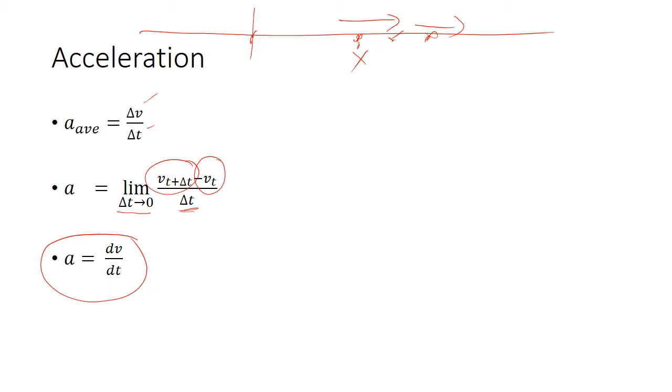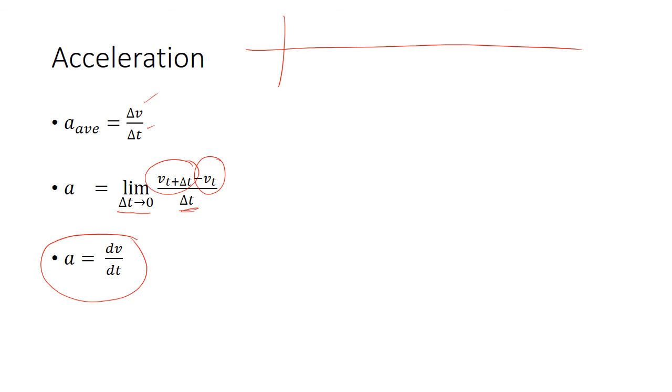Now, as with velocity, when we talked about velocity, we said that if we have the origin here, if it's moving that way, that's positive velocity. If it's moving that way, it's negative velocity.